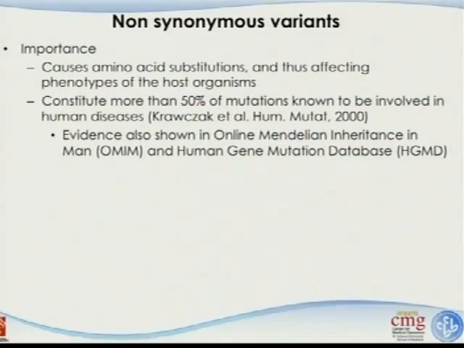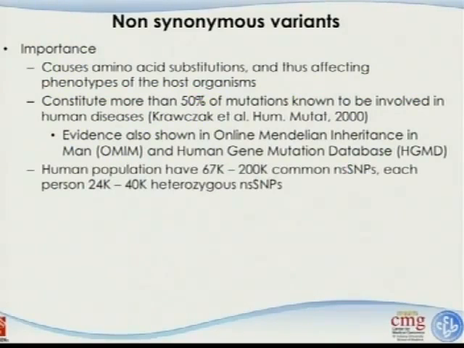It constitutes more than 50% of the mutations known to be involved in human disease, and there is evidence also shown in the OMIM database and HGMD. The human population has anywhere from 67,000 to 200,000 common non-synonymous SNPs. Each person has 24,000 to 40,000 heterozygous non-synonymous SNPs.